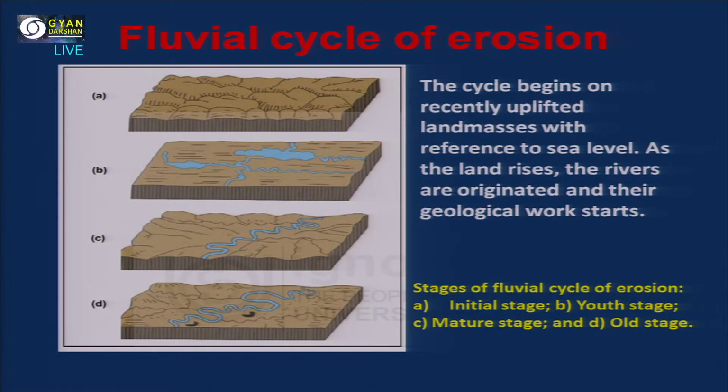But the fluvial cycle of erosion refers to the progressive landscape changes caused by a river or stream that progresses, as you can see, from A to D, from an initial stage to an old stage. Thus, these are the four stages of the fluvial cycle of erosion as discussed.